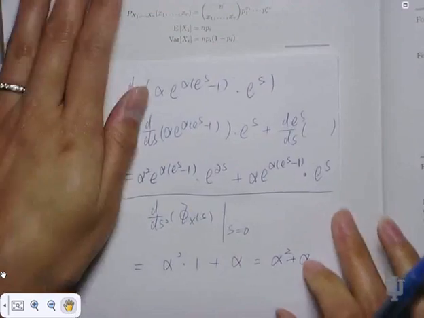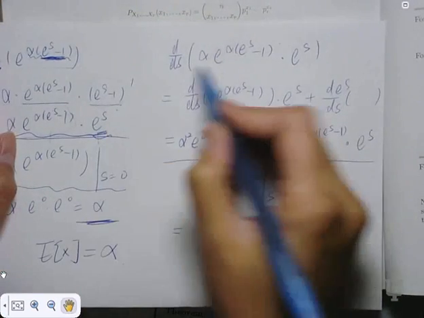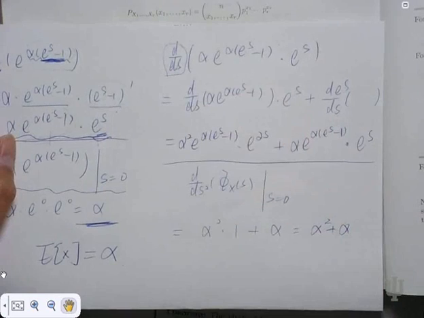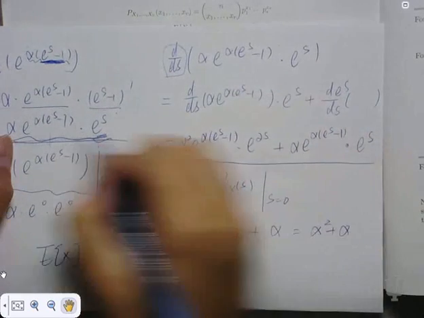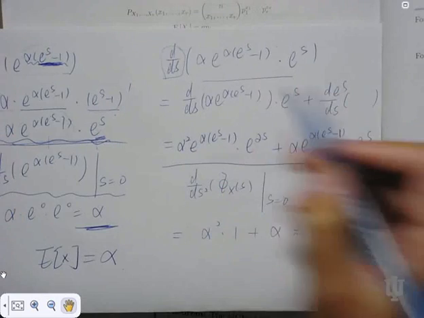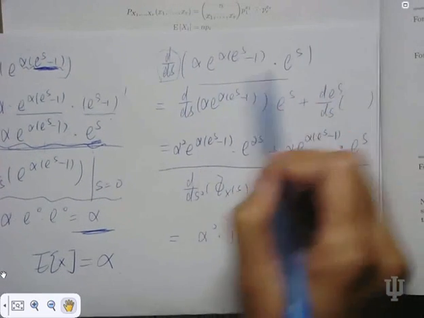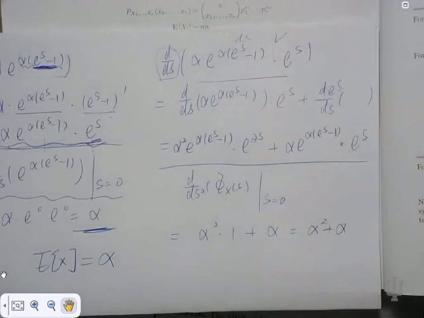If I take the second derivative, this is my first derivative. I need to do differentiation again, right? So use this here and do the differentiation. This part is 2 parts, can I call it uv, right?